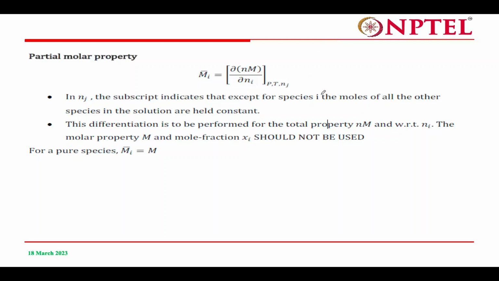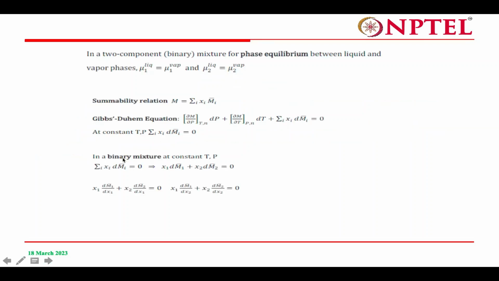So the partial molar property indicates the contribution of a particular component in the mixture. For a pure species, Mi bar is equal to Mi.